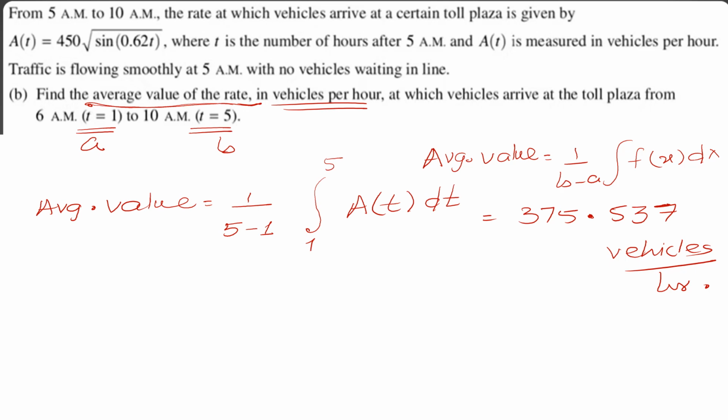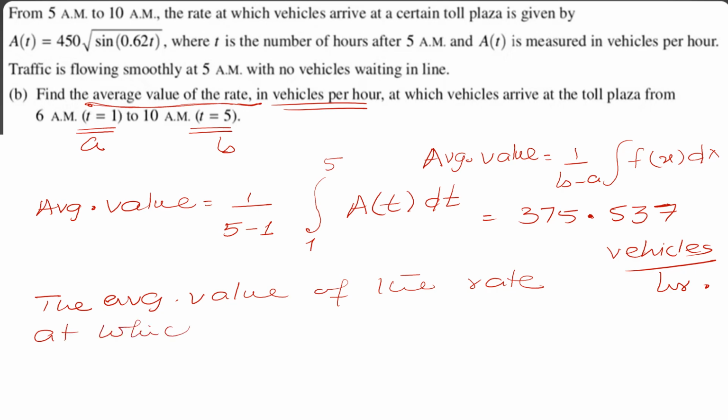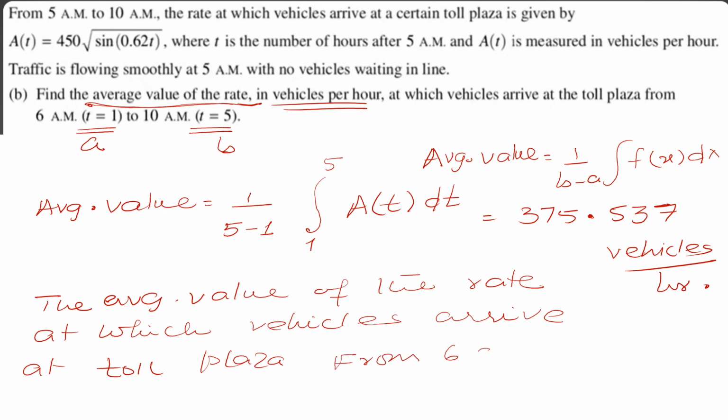You can conclude it as: the average value of the rate at which the vehicles arrive at the toll plaza from 6 a.m. to 10 a.m. is 375.537 vehicles per hour.